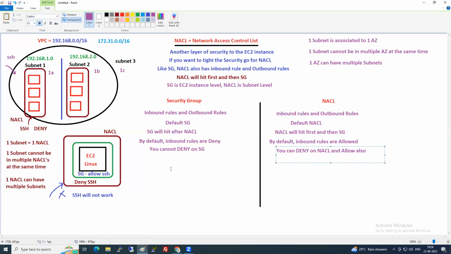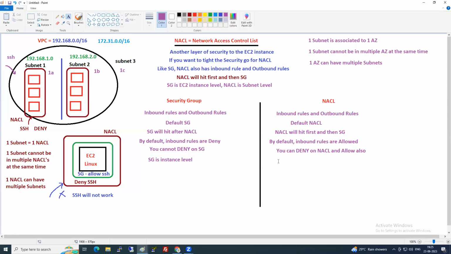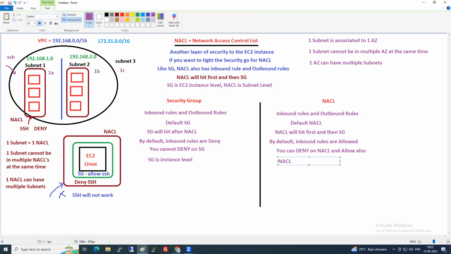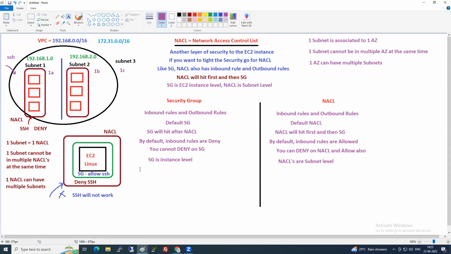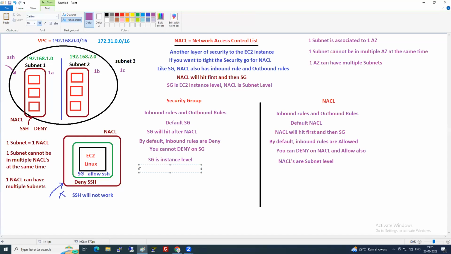Which one is instance level? Security group is instance level. NACLs are subnet level.